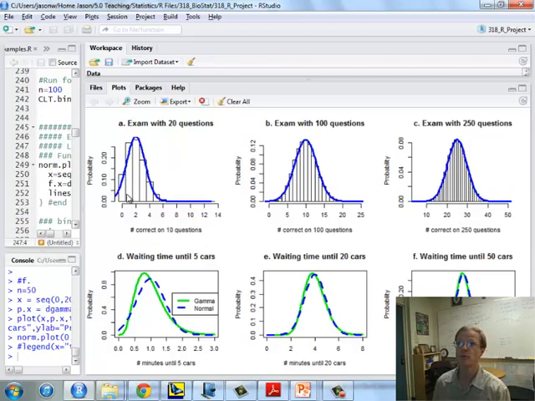Here's a binomial probability distribution with n equals 20, and there are multiple choice questions on an exam, so there was 0.2 probability of getting them correct, so p equals 0.2. You'll see that this isn't quite normally distributed with n equals 20, p equals 0.2, but as n gets larger, take a look at this bell-shaped curve superimposed. Looks pretty good here, and once n is rather large, it's fantastic.